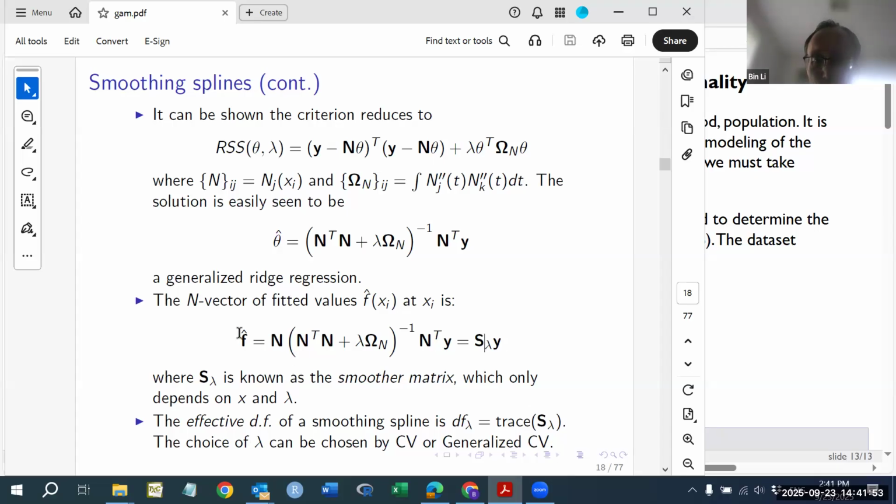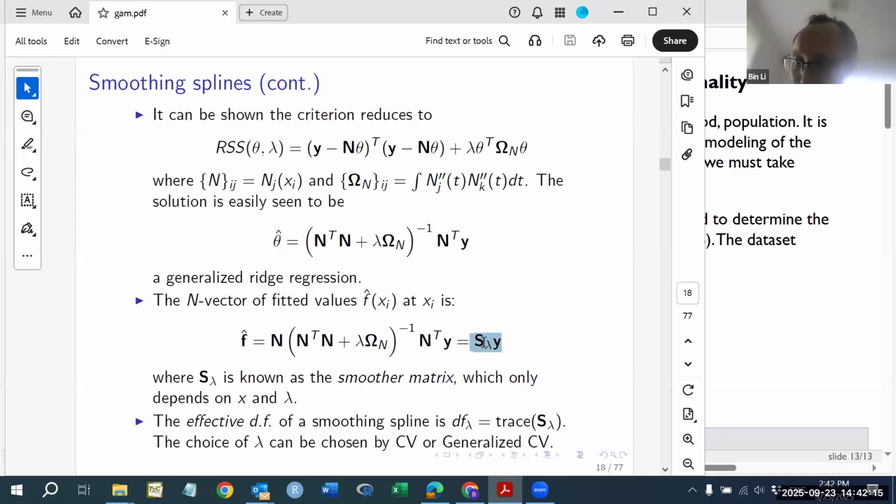So the solution f hat can be written as S lambda y. We have a subscript lambda. What does that mean? That means S is a projection matrix, which is a function of lambda.